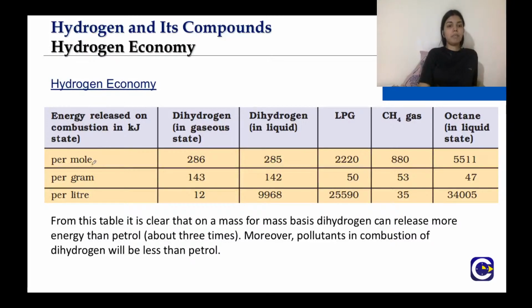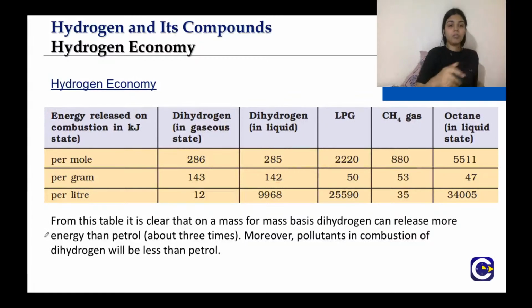For example, 1 mole of dihydrogen will give you 286 kilojoules of energy. 1 mole of dihydrogen as a liquid will give you 285 kilojoules. 1 mole of LPG will give you this much energy. 1 mole of methane will give you 880 kilojoules, and so on. Similarly, 1 gram of dihydrogen will give you 143 kilojoules of energy, and 1 gram of liquid dihydrogen will give you 142 kilojoules. So this is the gist of the table, right?